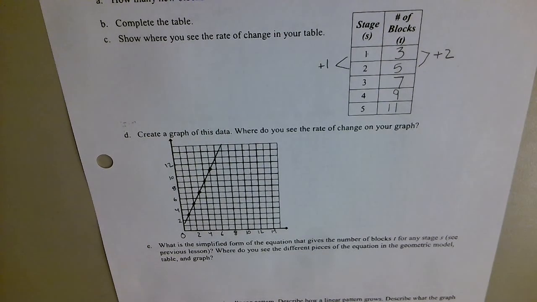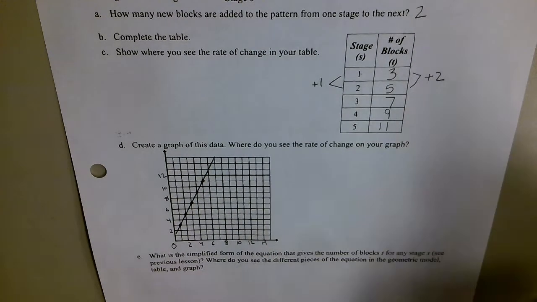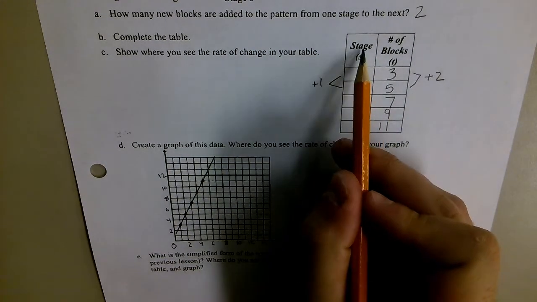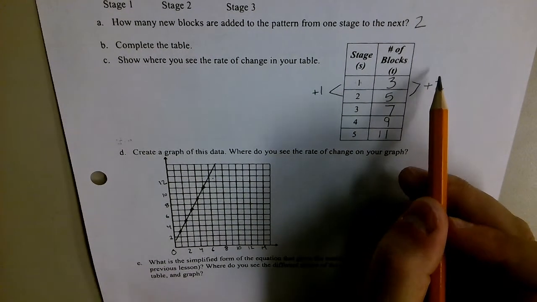So we created a graph of this data. Where do you see the rate of change? So where are we seeing this 2, this plus 2? If we think about it, every time we go up a stage, the number of blocks we have is going up 2.